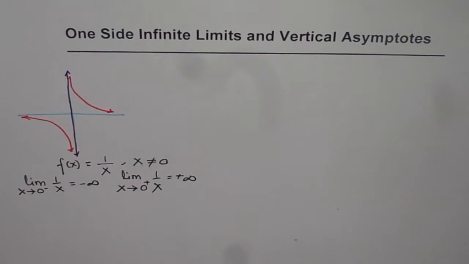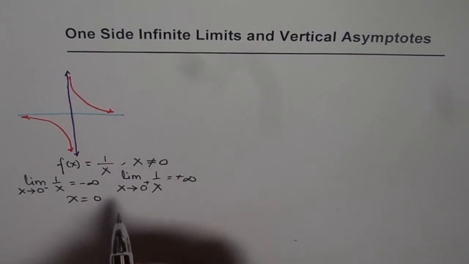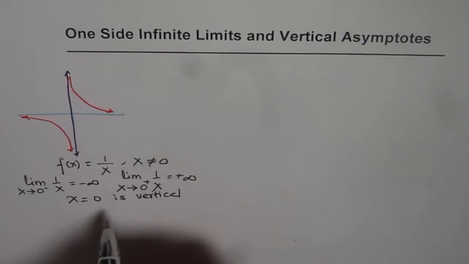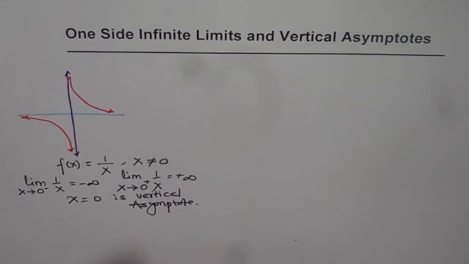Do you see that? And what we get here is that x equals 0 is a vertical asymptote. Correct?